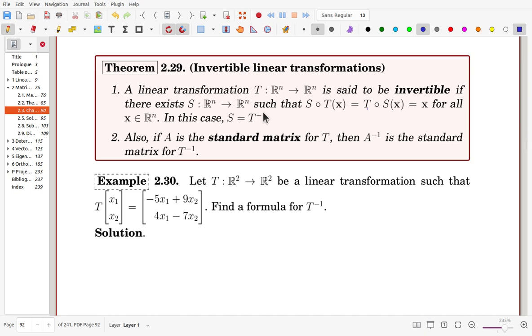That is quite a similar definition to that of invertible matrices. Also, if A is the standard matrix for the linear transformation T, then A inverse is the standard matrix of T inverse. This is quite a natural theorem. We can easily prove it, but here we will not do it.